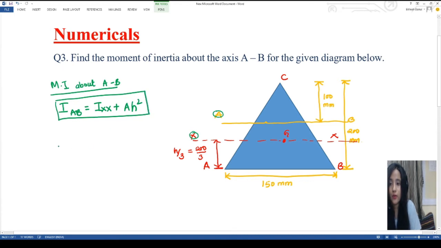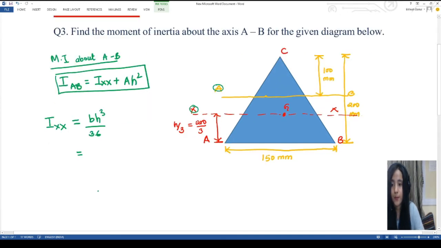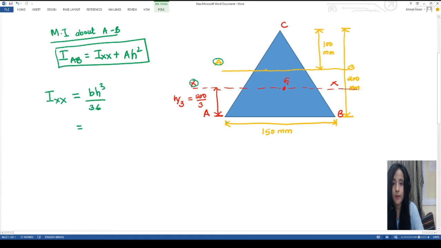Now, what will be the moment of inertia about the Ixx axis for a triangular section? Ixx for a triangular section will be equal to BH cube by 36. So how much is my B? From the diagram, my B is equal to 150.